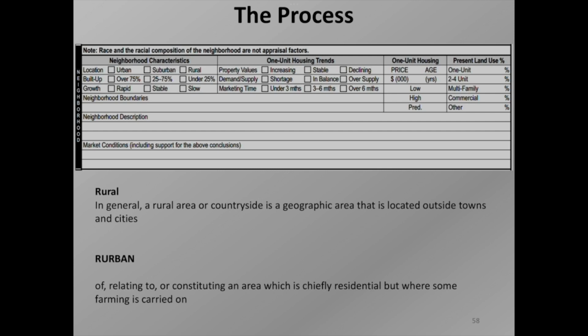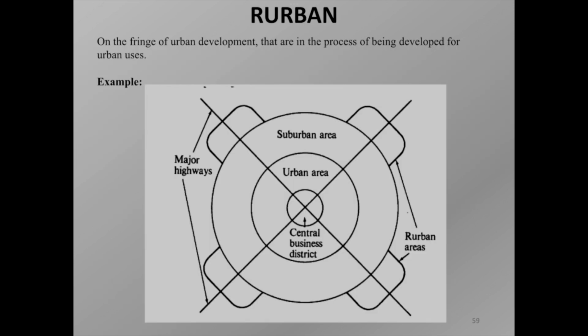Rurban: of, relating to, or consisting of an area which is chiefly residential, but where some farming is carried on. And I've actually got a blend of rural and urban. I've actually got a little illustration that I'm putting on the screen now. And it says, on the fringe of urban development that are in the process of being developed for urban uses. And so if you look at this little illustration I have, and again, for you listening, I'll describe it best I can.